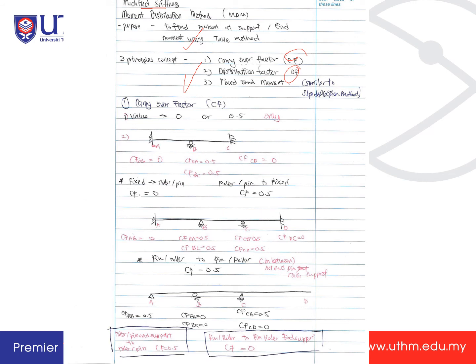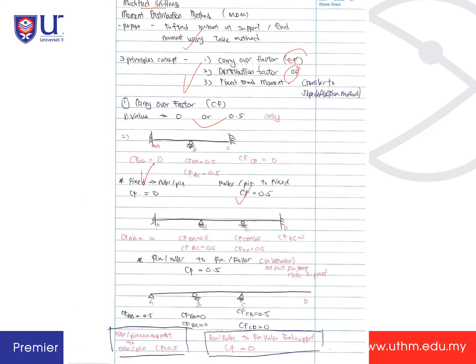So the carryover factor is either 0 or 0.5 only. Here you can see that the carryover factor CFAB is 0 for fixed to pin, and roller to fixed is 0.5.